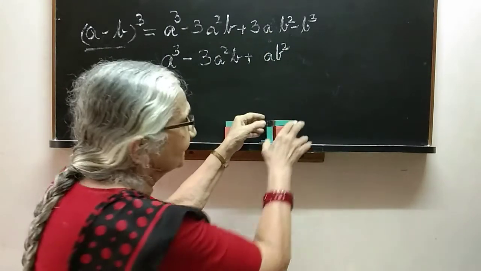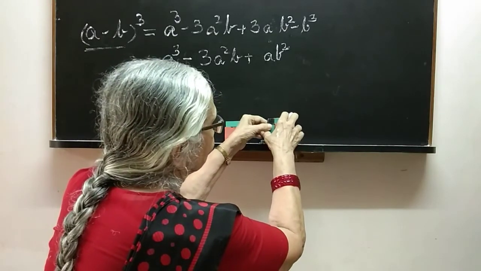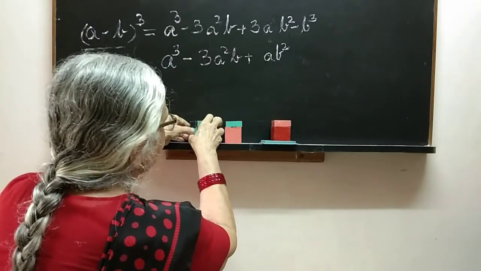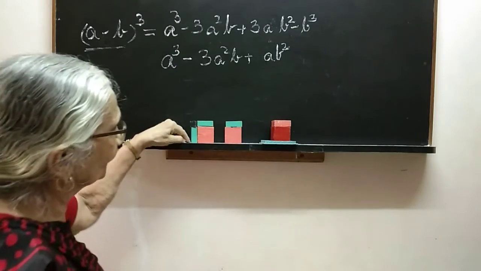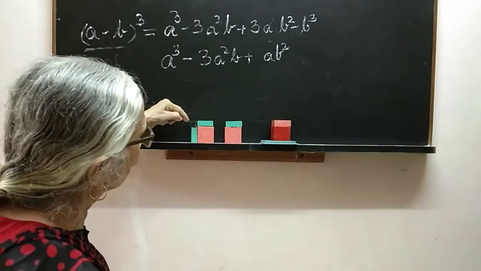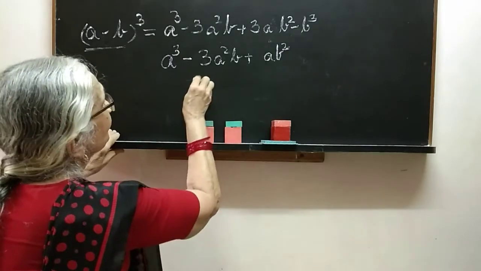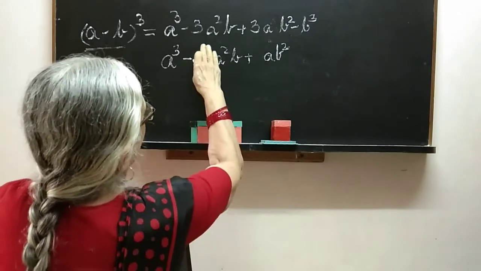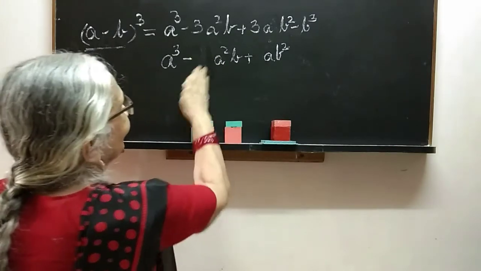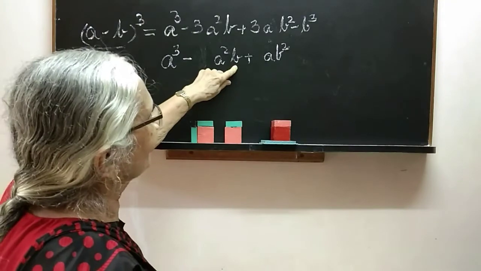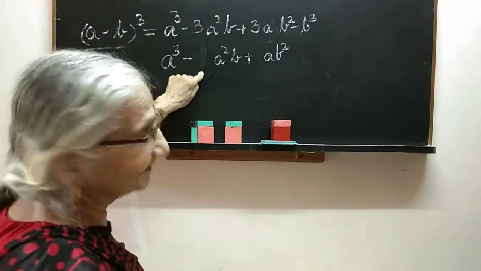Now what I can do is take away the whole. And when I take away the whole, I know it is A square into B. So it is, oh God, I had taken away only one A square B and I wrote 3 because I saw 3 there.